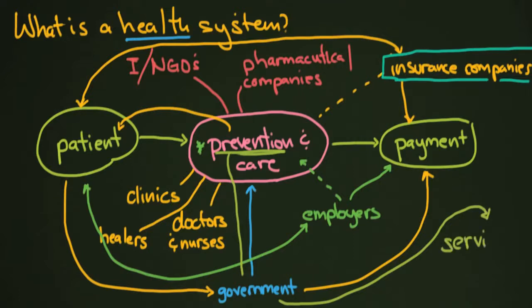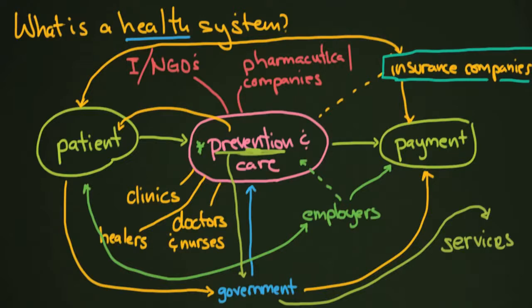So, for example, you might not think about it this way, but trash collection is a prevention service that does relate back to healthcare, or water purification, or lots of things that you wouldn't directly think of. You wouldn't think of health when you think of them, but these services are provided by the government and do work towards public health goals that they've set and are all a part of this healthcare system.